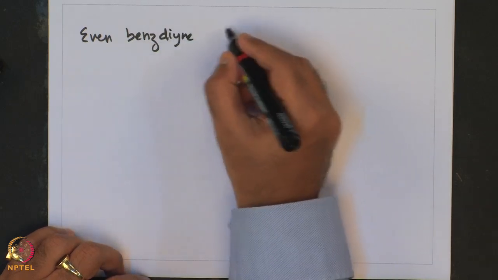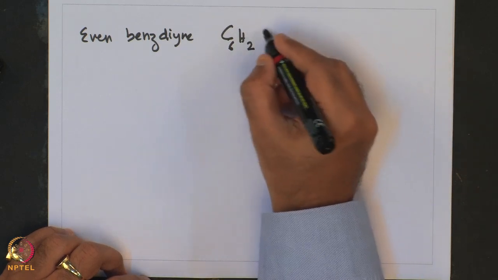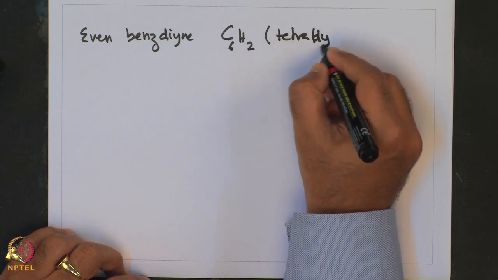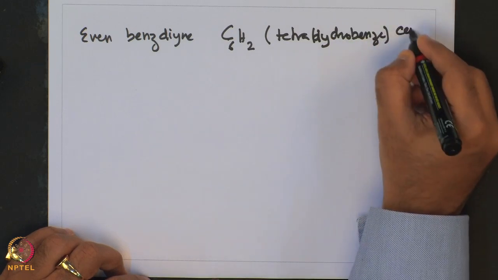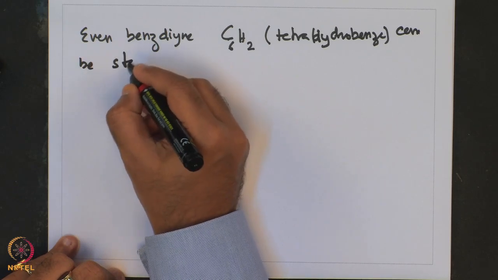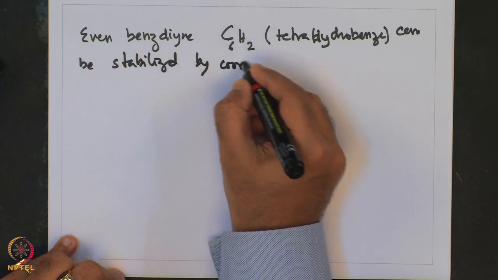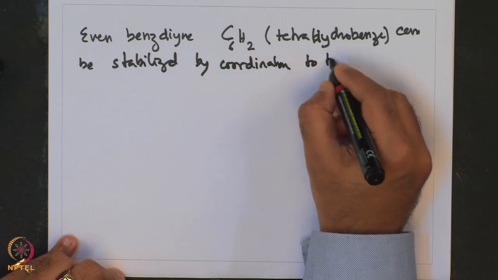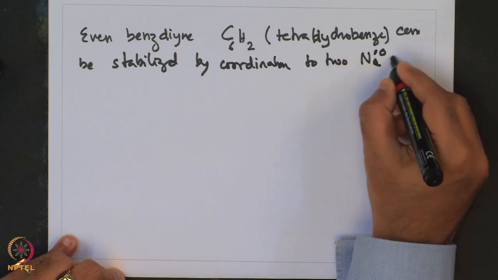So, this is C6H2, called tetradehydrobenzene, and it can be stabilized by coordination to 2 nickel 0 centers.